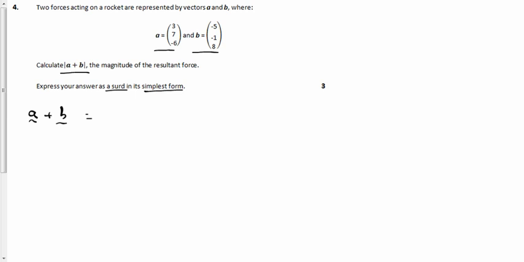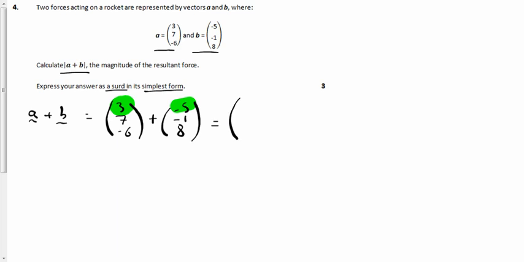is just a case of taking your two vectors and adding the components together. So you would get your first mark for adding first components. Now being careful with your negative numbers, 5 plus 3, plus negative 5 would be negative 2.